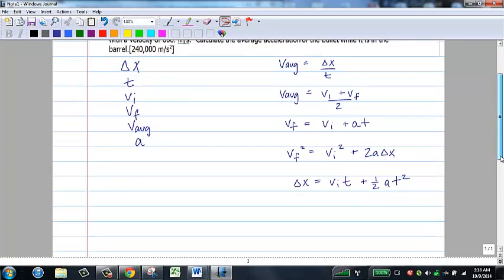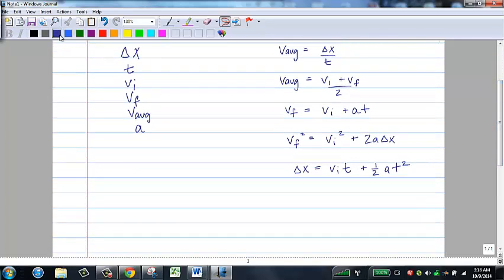When a bullet is fired in a gun, the back of the bullet has explosive powder in it, and so when you pull the trigger, a hammer bangs into the back of the bullet, igniting this explosive powder, and there's this tiny little explosion that produces all of this gas.